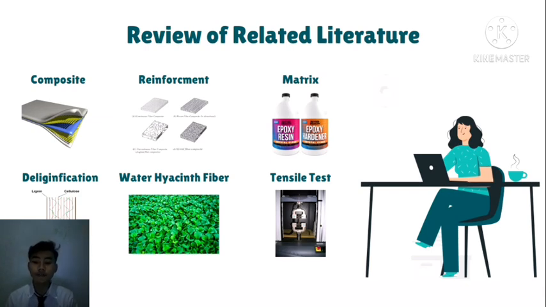Water hyacinth has a very rapid breeding, both vegetatively and generatively. Water hyacinth fiber as a composite material of natural fiber is very potential in terms of the availability of raw material, which is very abundant, easy to obtain, low price, and non-toxic.